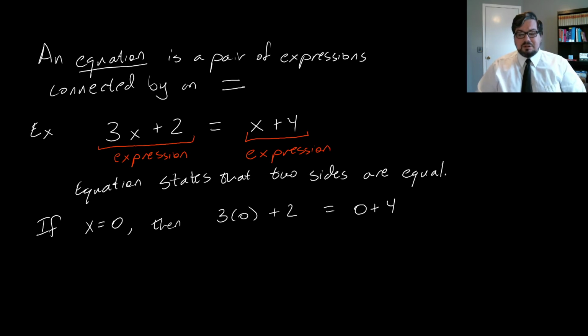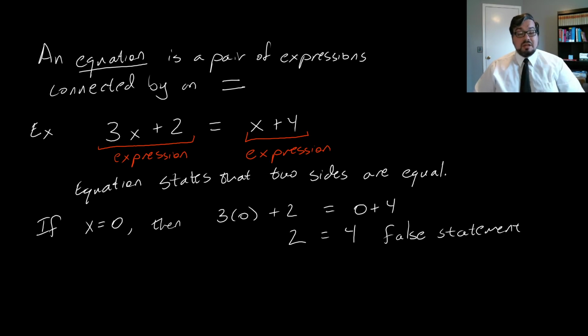When we simplify all this down, 3 times 0 is 0, plus 2 is 2, and 0 plus 4 is 4. And this is a false statement, because 2 doesn't equal 4. So if x is equal to 0, then this equation is false.